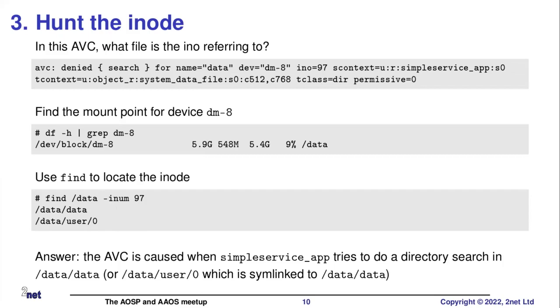So I was quite pleased with this. Now I can say, well, the AVC is caused when simple service app tries to do a directory search on /data/data. I still don't fully know why it was trying to search that directory in the first place. It isn't in code I've written, and I haven't actually got around to checking that. But that's useful information.